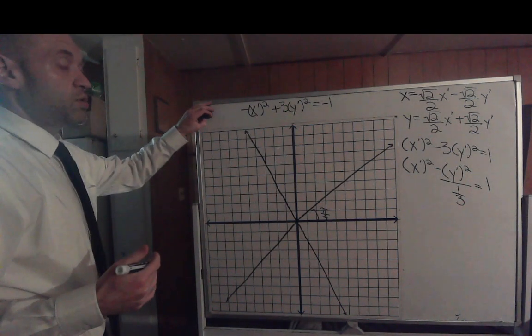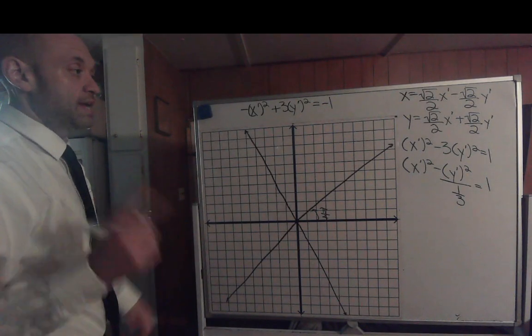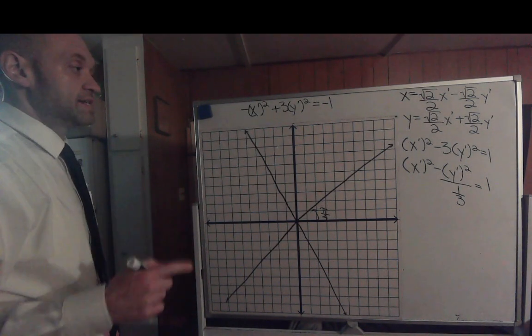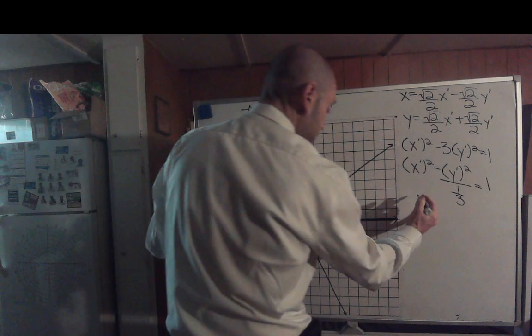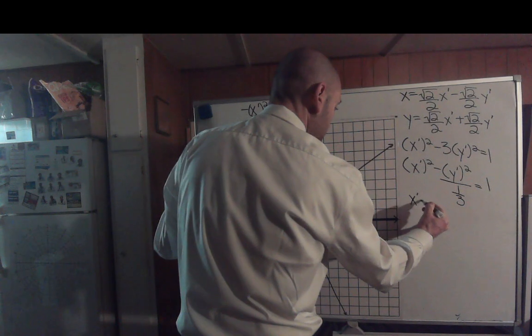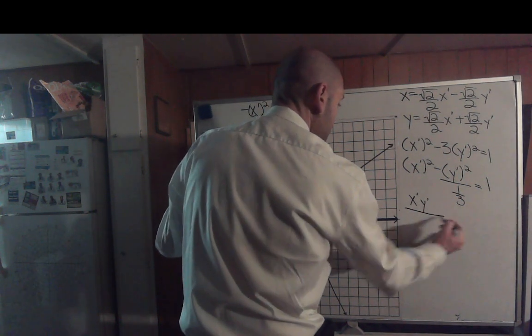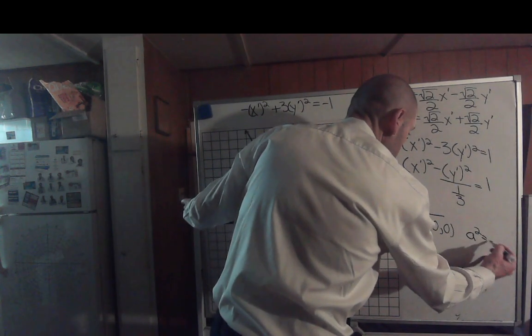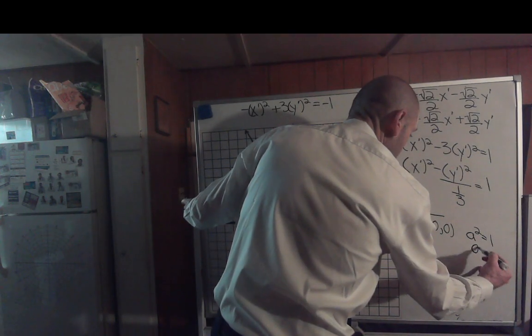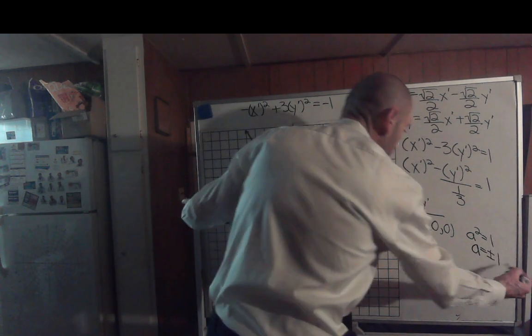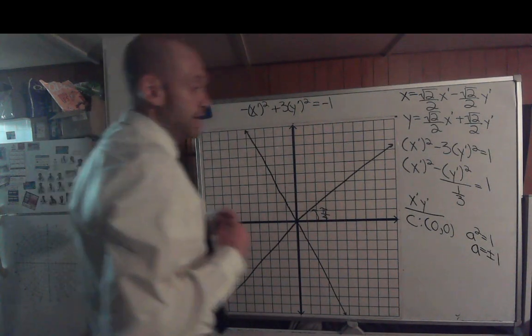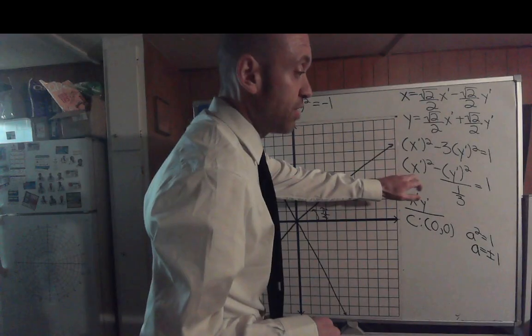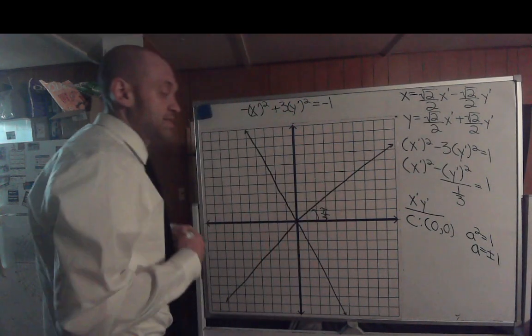So let's go on ahead here and find the center of this hyperbola in the x prime y prime plane. The center, of course, is going to be at 0, 0. Now we need to find the vertices. Well, a squared equals 1, so a would equal plus and minus 1. And it's plain to see the x prime axis is the major axis.